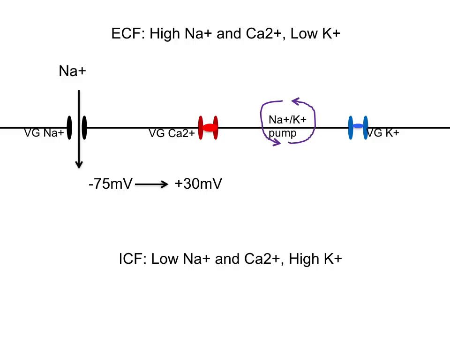You're going to have a complete reversal of your membrane potential. So this is now your action potential. Now, once you get to positive 30 millivolts, your voltage-gated sodium channels close and the sodium inflow ceases.